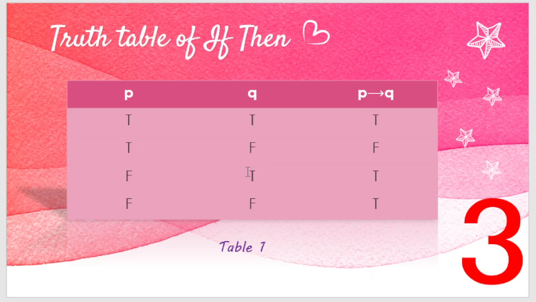Since our conclusion here is true, our conditional statement will be true. So if the truth values of hypothesis and conclusion are both false or both true, our conditional statement will be true. So that's the conditional.